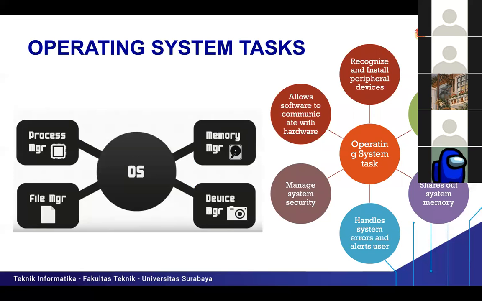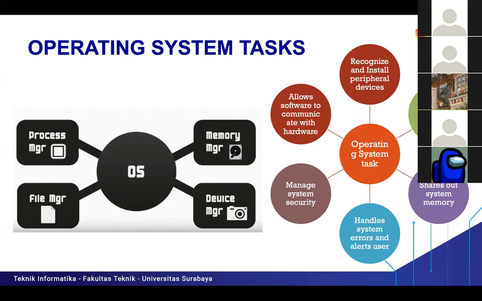And what are the operating system tasks? There are a lot of tasks the operating system is responsible for. It can be managing the process, managing the file, managing the memory, and managing the device. Maybe you have a printer in your home and you want to use it.